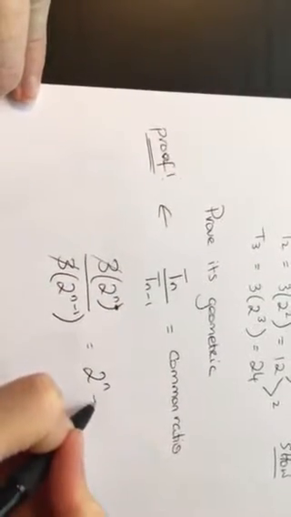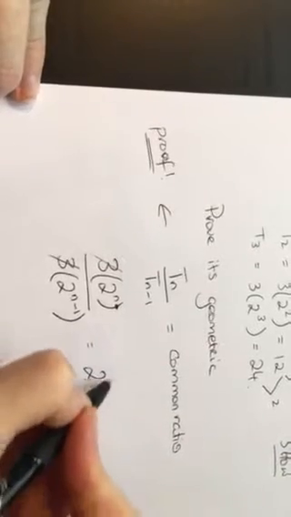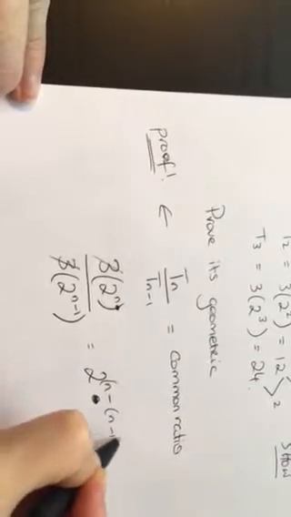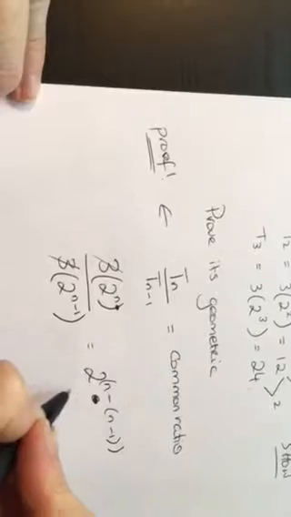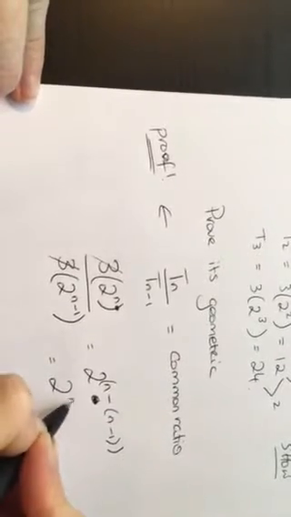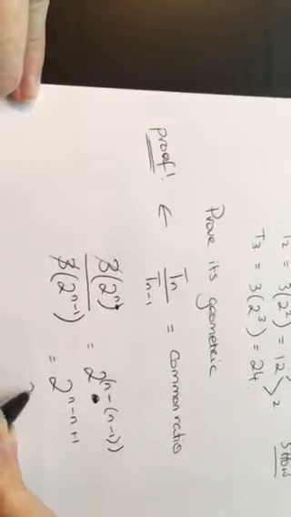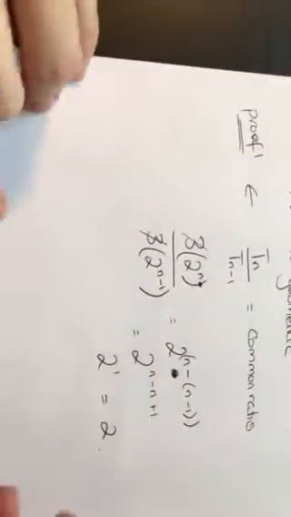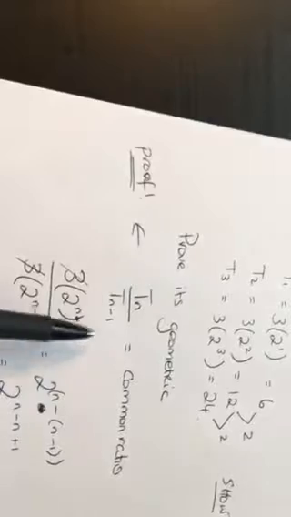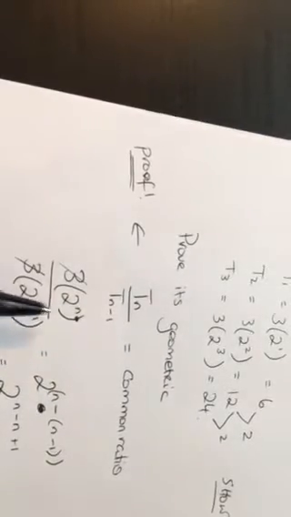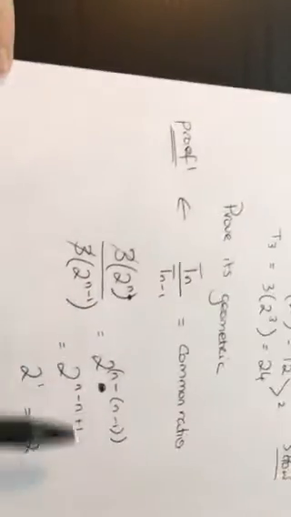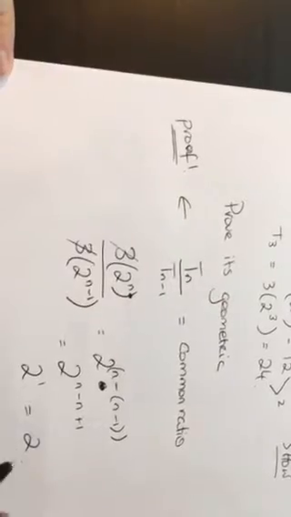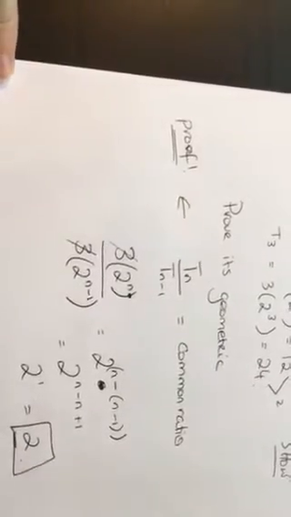So that's 2 to the power of n, subtracting the powers now. That's a rule of indices. That gives me 2 to the power of n minus n plus 1, which gives me 2 to the power 1, which is 2. This sequence is geometric because no matter the value of n, when I get any term and divide it by the previous one, I get the answer 2, which is what I was expecting.